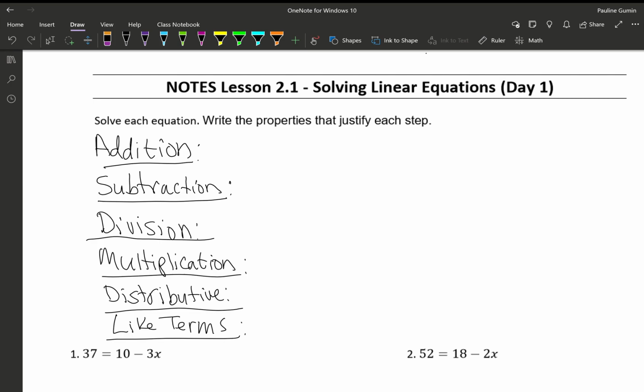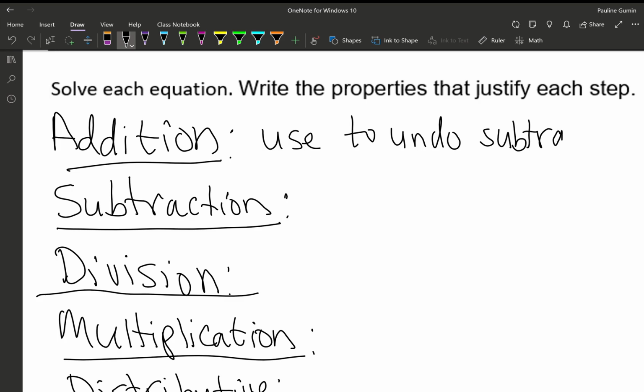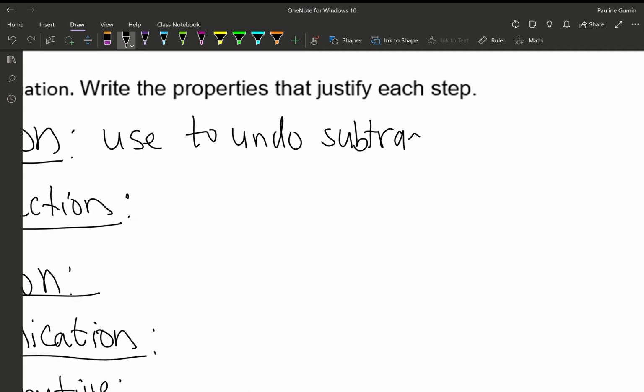All right, first, I'd like to talk about the properties that we have here. Okay, so first we need to think about the addition property. The addition property, we use it to undo subtraction and negatives.